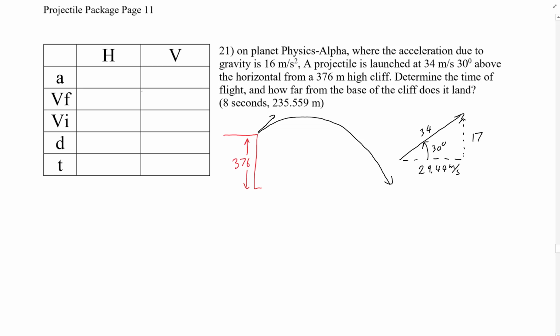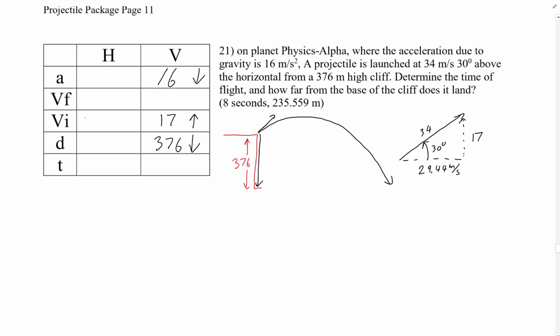Gravity is down, so this acceleration downwards vertically is 16. The initial speed is 17 up. And the displacement is all the way down, 376 down. Horizontally, it's going at 29.44.